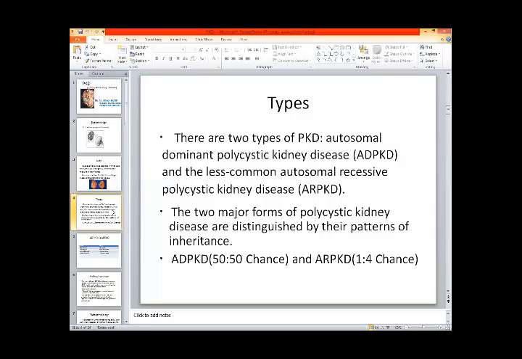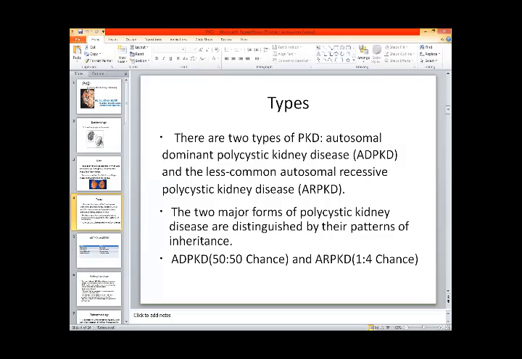Now, there are two types of polycystic kidney disease. One is autosomal dominant polycystic kidney disease, the most common form, which is congenital. Less common is autosomal recessive polycystic kidney disease.